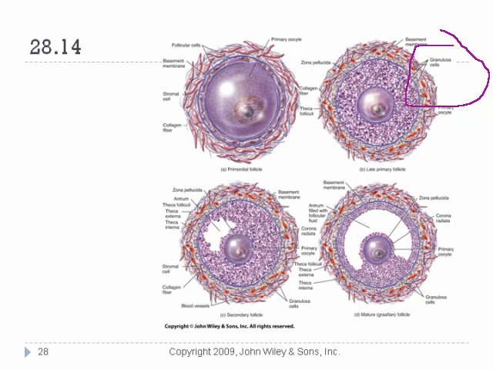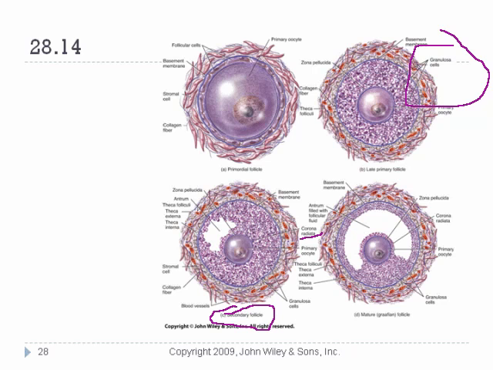And so when that becomes a secondary follicle, when it goes through meiosis and it becomes a haploid cell, those granulosa cells form something called the corona radiata, which is a ring of these granulosa cells around the egg.